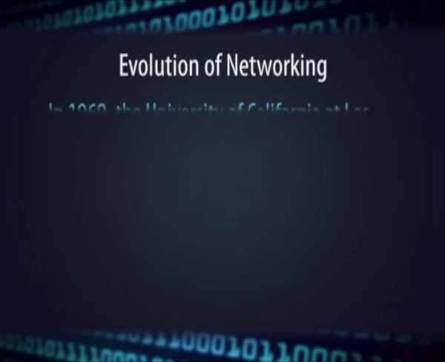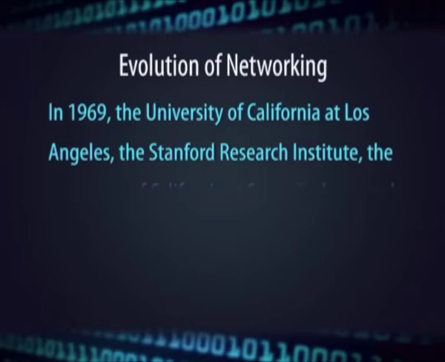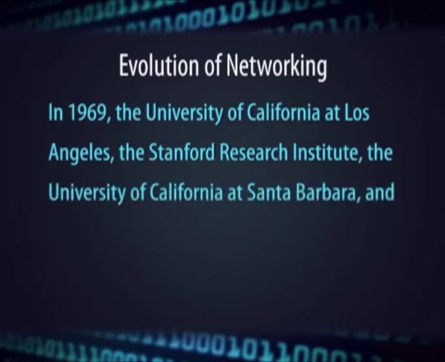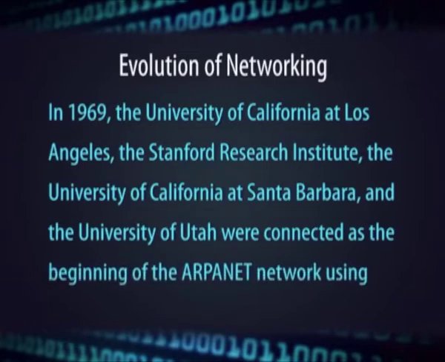In 1969, the University of California at Los Angeles, the Stanford Research Institute, the University of California at Santa Barbara and the University of Utah were connected as the beginning of the ARPANET networks using 50 kilobits per second circuits.